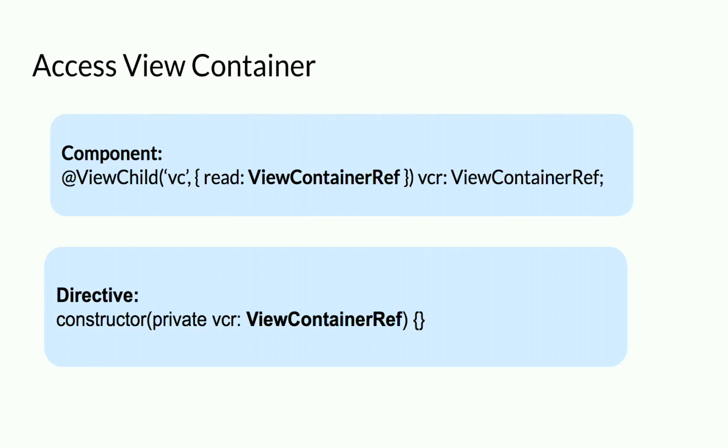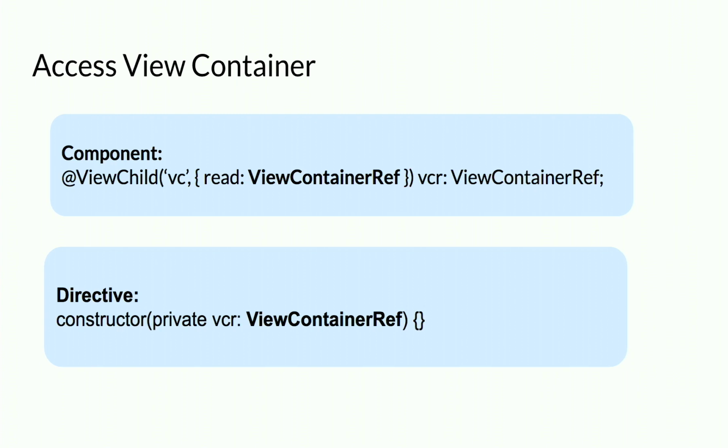So how do we access the view container? From a component class, again, we can place a template reference variable on the ng-template, and from a component class we can use a ViewChild query and then pass in the read ViewContainerRef token to get an instance of the ViewContainerRef.